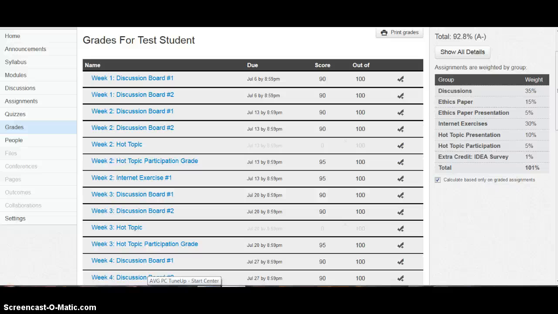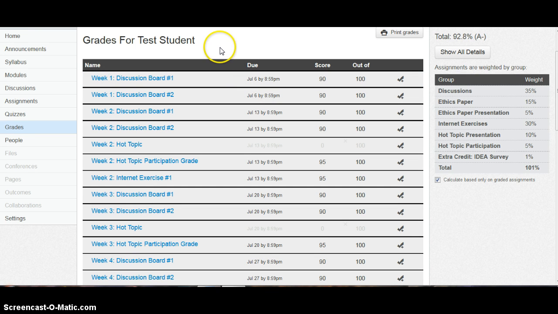Please note the special message about how Hot Topics are graded, located on the submission page and in the Hot Topic guidelines.